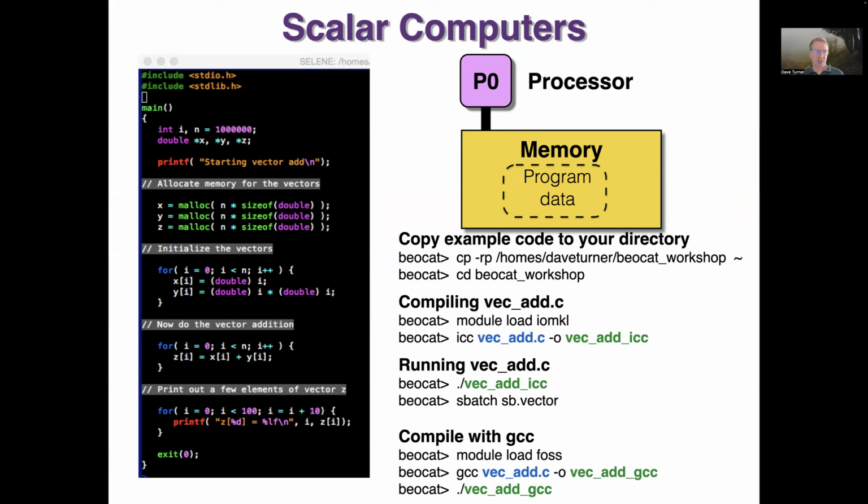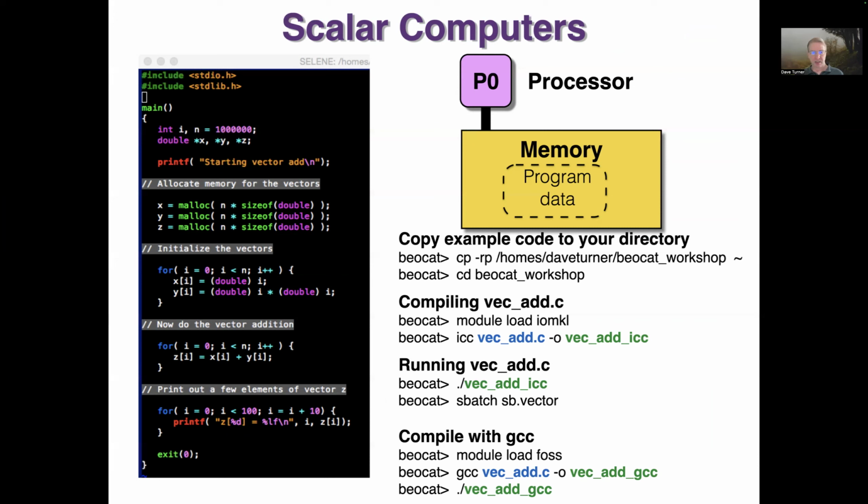The first part, main, is the function up there, and we define a few variables, n looks like about 1,000,000. So we're going to take vectors of size 1,000,000 in order to do this. The next section down there, we're actually allocating space for the X, Y, and Z arrays or vectors.